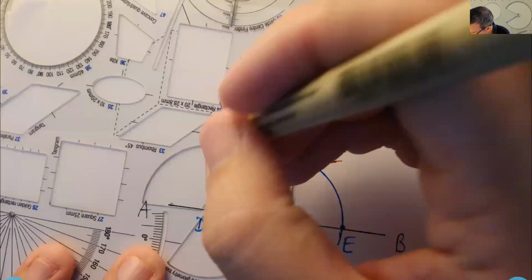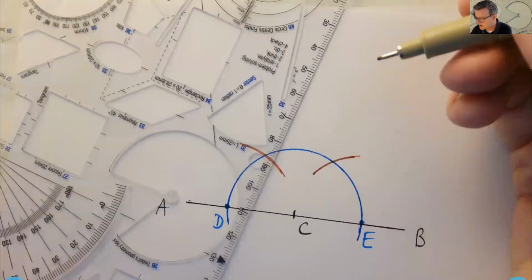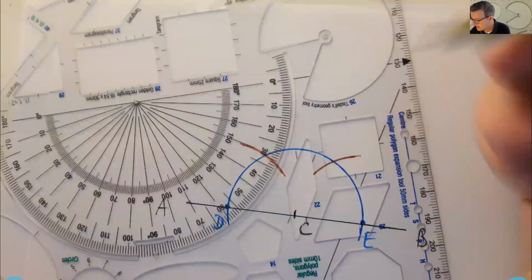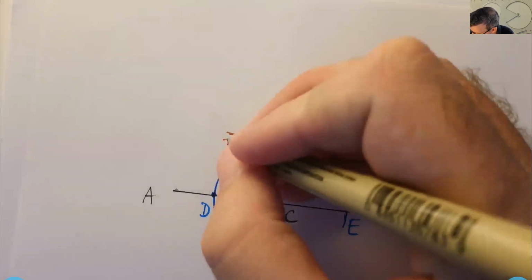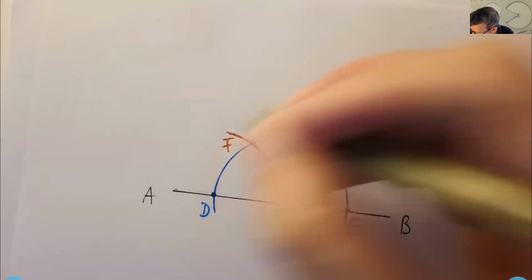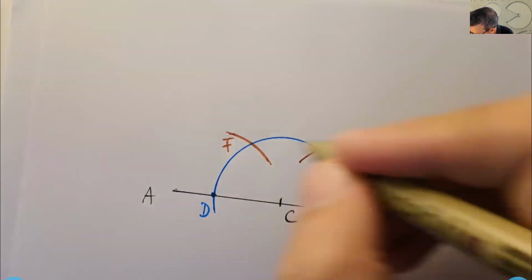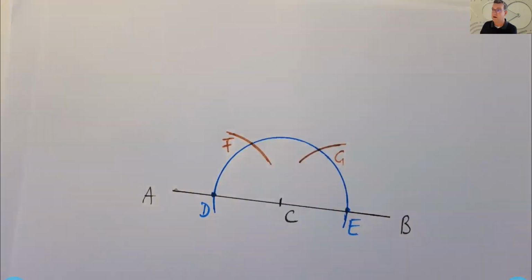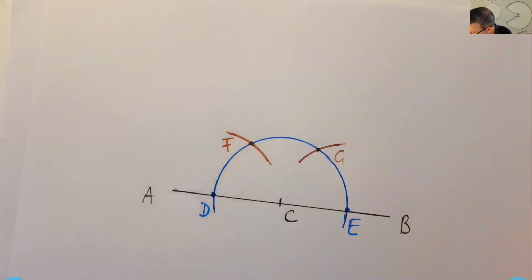Okay, so there's another arc. Okay, so let's call this F and call this one G. Okay, so I've created or constructed two new points.